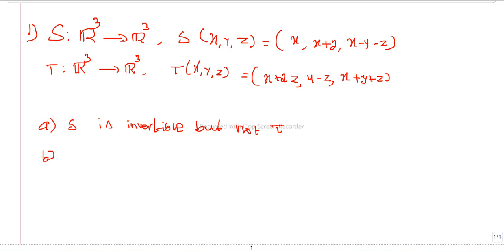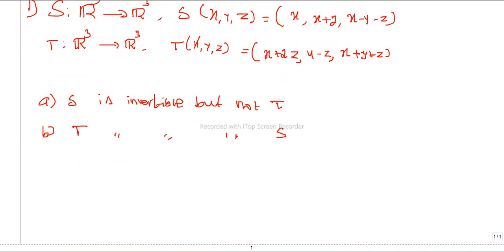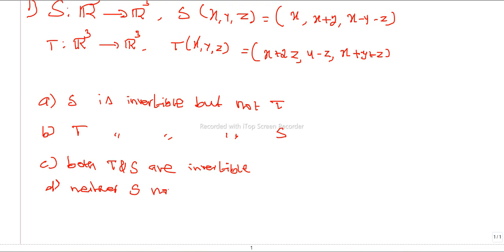The second option is T is invertible but not S. The third option is both T and S are invertible. And the fourth option is neither S nor T is invertible.